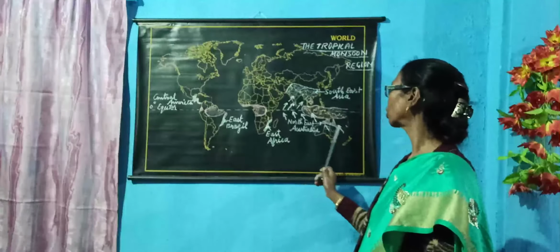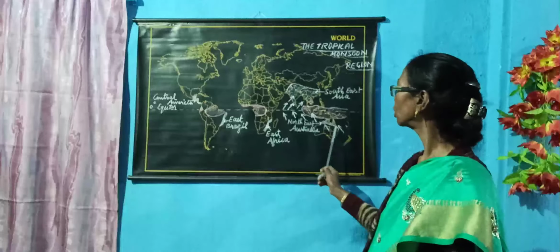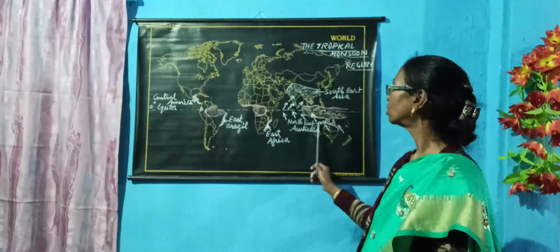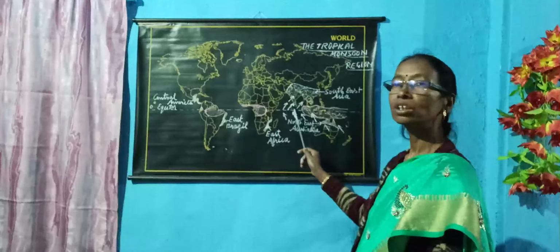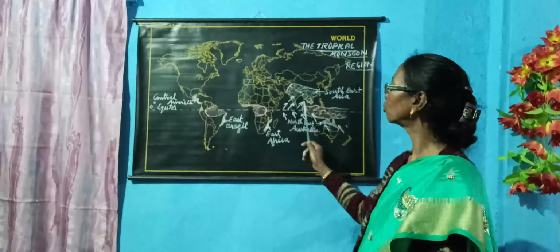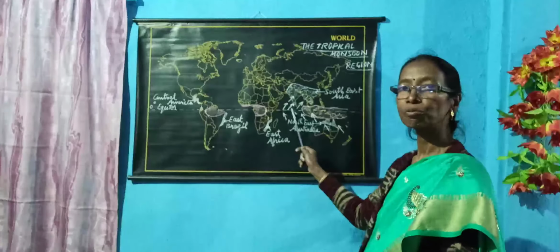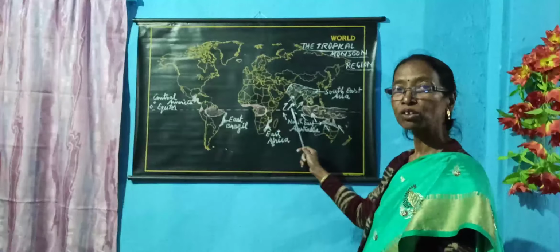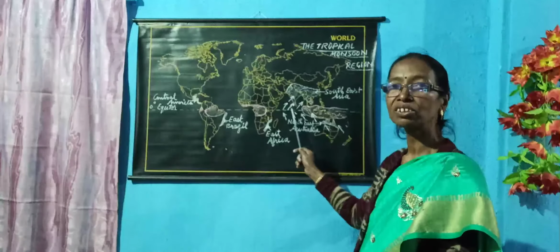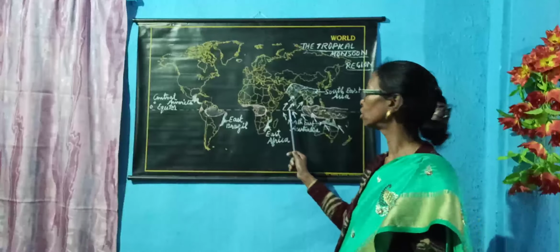The southeast trade wind, which blows from Australia, when it passes across the equator, blows in the northern hemisphere, turns right and blows from southwest because of the Coriolis force, and that is due to the rotation of our earth.